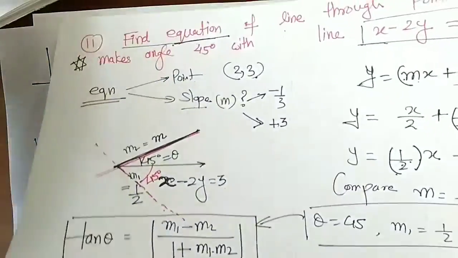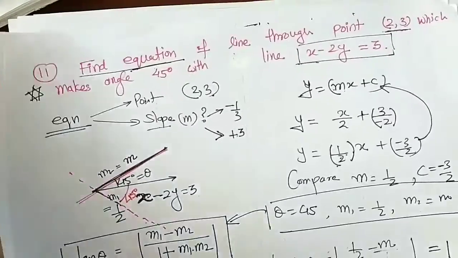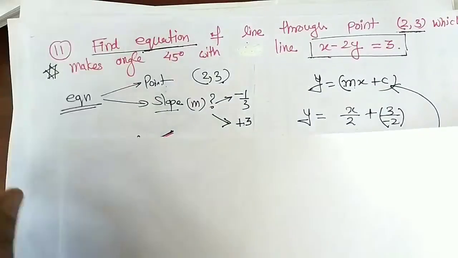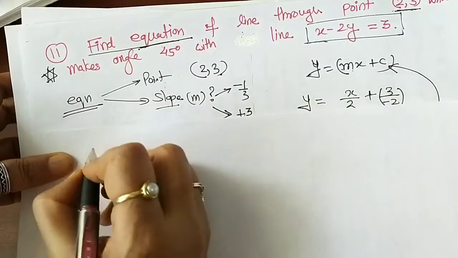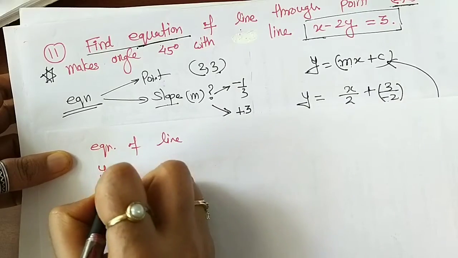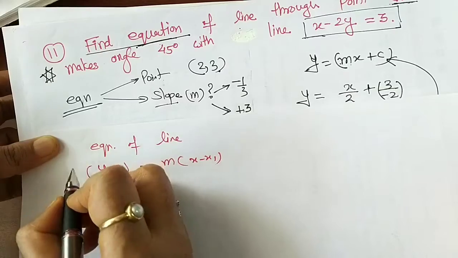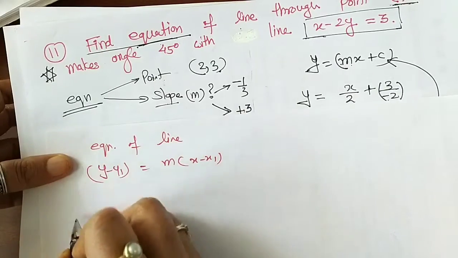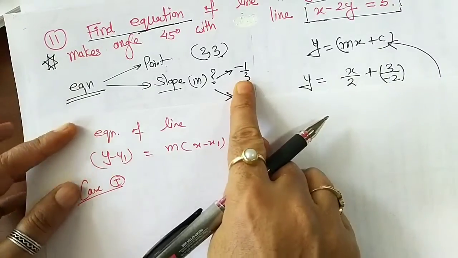So I got m. Now let me write down the equation of the line. I think everybody knows how to write the equation of a line. The point is given and the slope is given. To write down the equation of the line, it is given by y minus y1 equals m into x minus x1. So there are two possibilities. So you write down case 1. Case 1, when m I will take this.